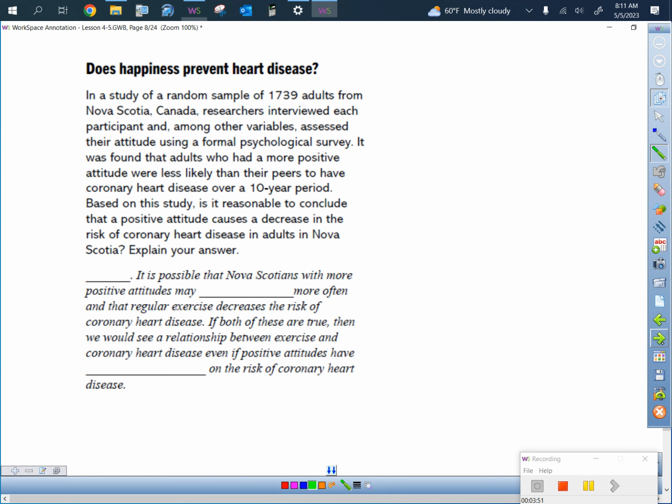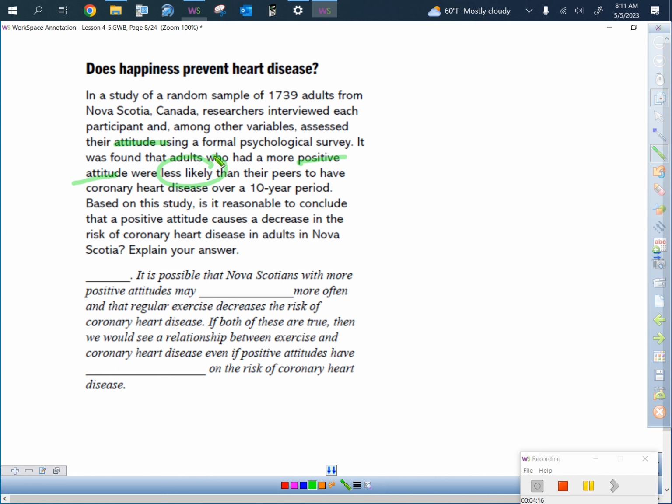Does happiness prevent heart disease? In a study of a random sample of adults from Nova Scotia, Canada, researchers interviewed each participant and, among other variables, assessed their attitude using a formal psychology survey. So they were asking people questions and also gauging their attitude. It was found that adults with a more positive attitude were less likely than their peers to have coronary heart disease over a 10-year period.